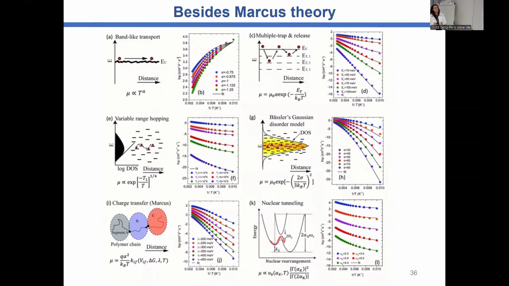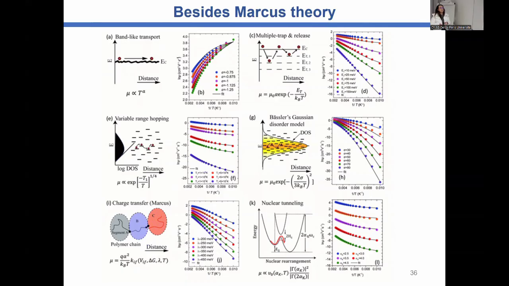So the band-like transport, as we discussed it in the first class of this course. So we have the transport be dependent of the temperature. We also have this multiple trap and release that can be applied in organic, for instance.